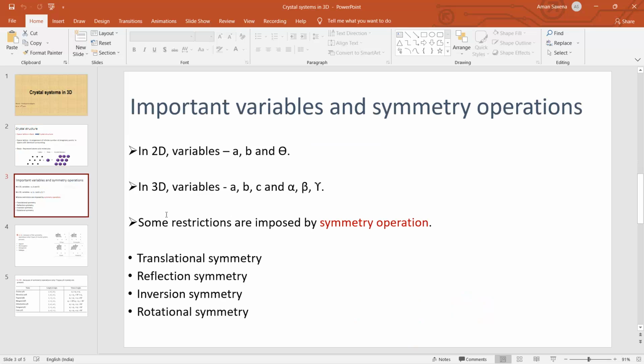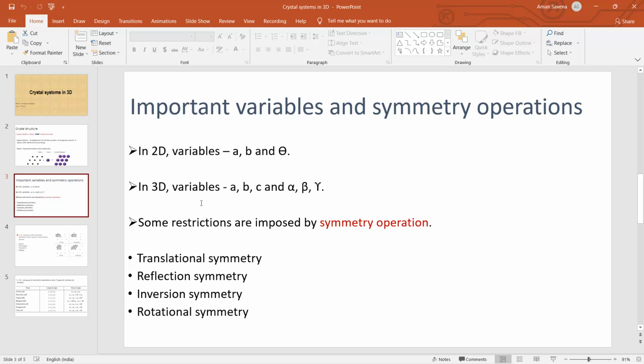Going further, to understand 2D crystals and 3D crystal systems, there are some important variables and symmetry operations. To define crystals in 2D, we have to use two vectors a and b, and one angle, which we define as theta. For a 3D crystal arrangement, we have to choose three non-coplanar vectors, A, B, C, and three angles: alpha, beta, and gamma.